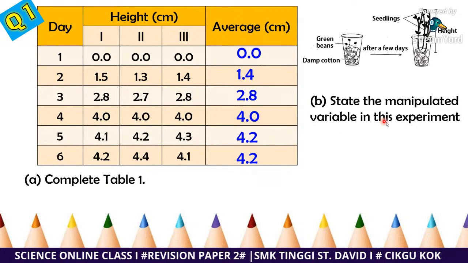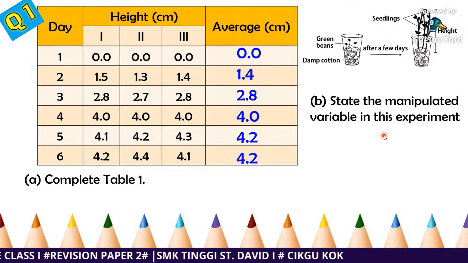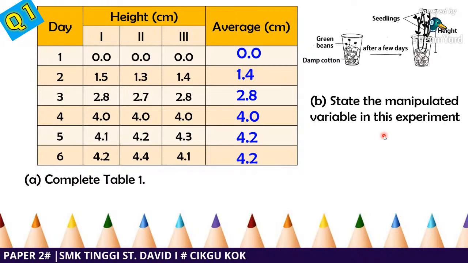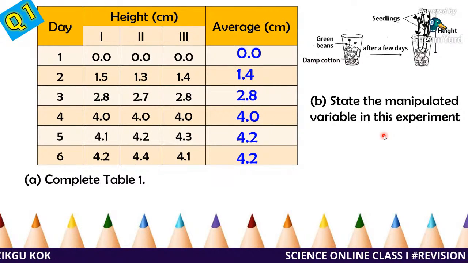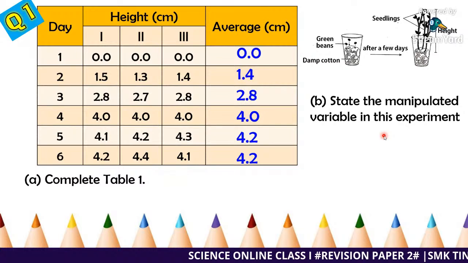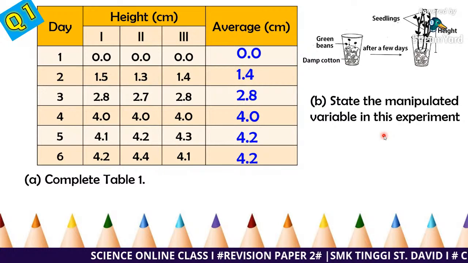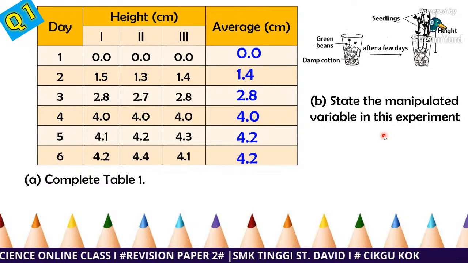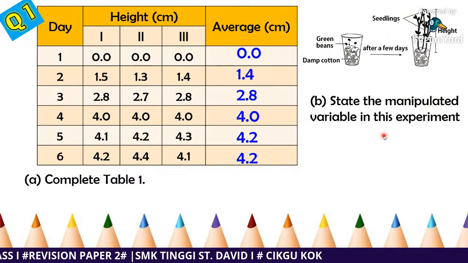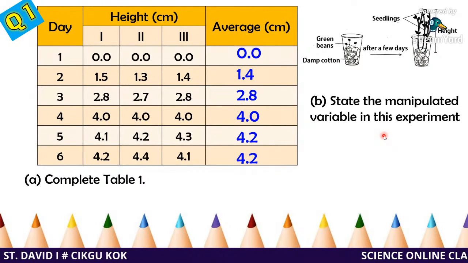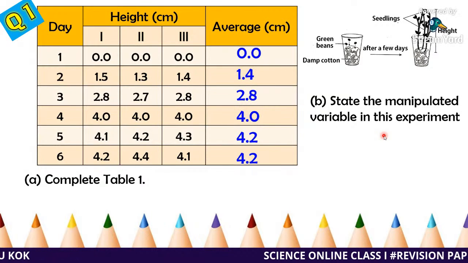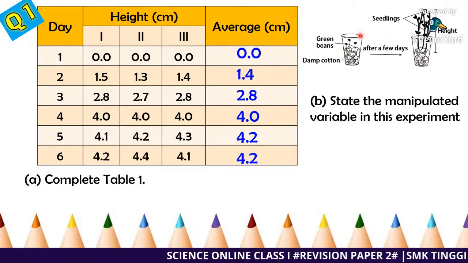Okay, now we're going to state the manipulated variable of this experiment. So anybody please answer me, just type in the chat room, what is the manipulated variable? Please type here the manipulated variable for this experiment. You can refer to the diagram here.